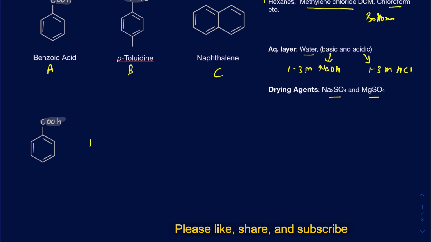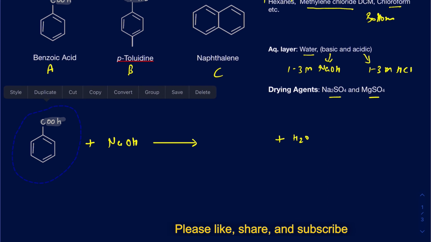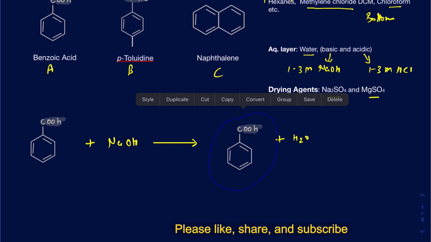But if I use a base, and in this case we're going to be using an aqueous solution of NaOH, or we can just use the pellets of NaOH, you can have just the water and add some solid NaOH, and that would make that particular water solution basic. This ends up making water as one of your products, and the second product is going to be the benzoate.